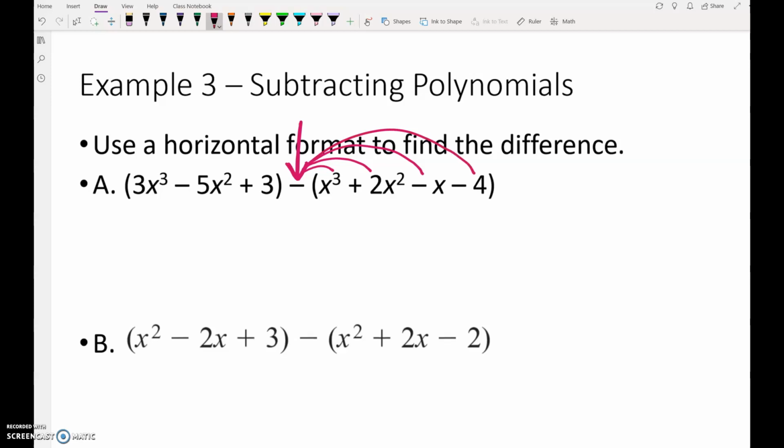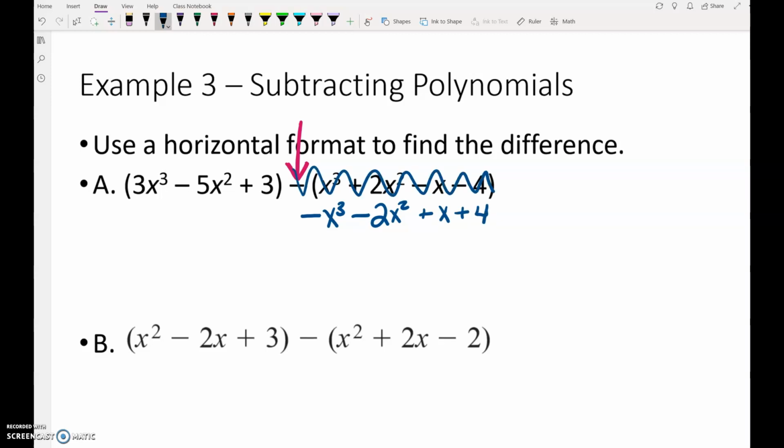And when you subtract a negative number, that actually becomes addition. So here's what I typically do. I distribute my negative so that I can turn this into an addition problem because I think we all like addition a lot more than subtraction. So distribute the negative. This would become -x to the third minus 2x squared plus x plus 4. And then I get rid of that original thing so it doesn't confuse me.